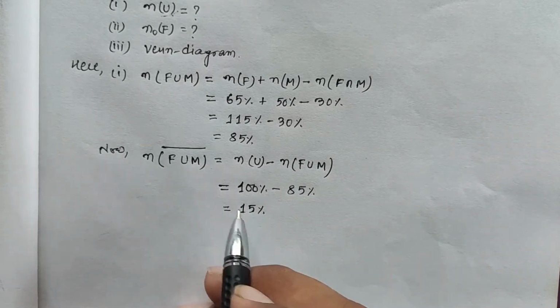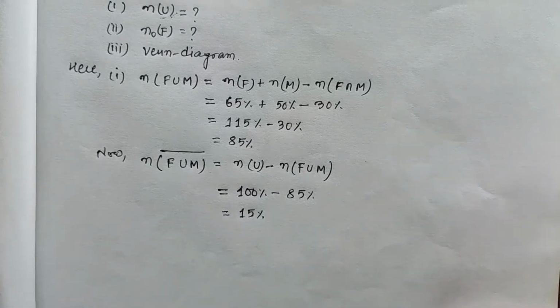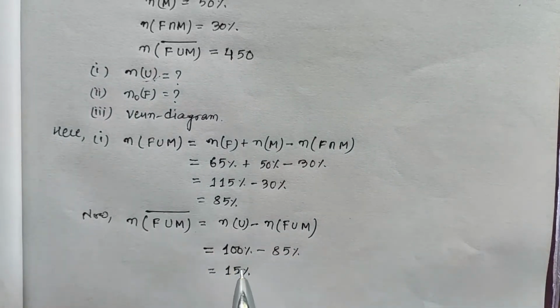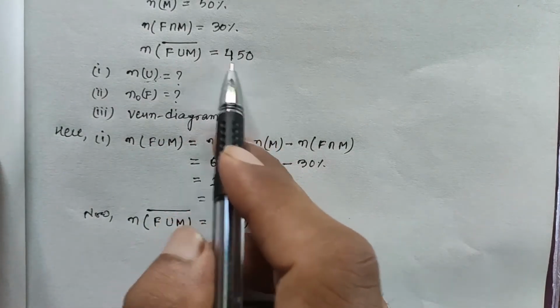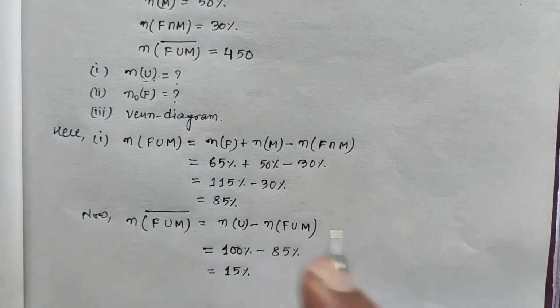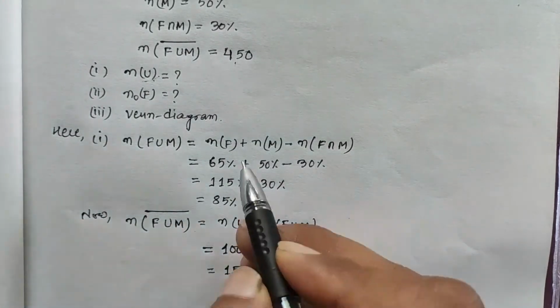Okay, so the complement is given here in the form of percentage, and it is also given in the form of a number. So these two quantities must be equal.